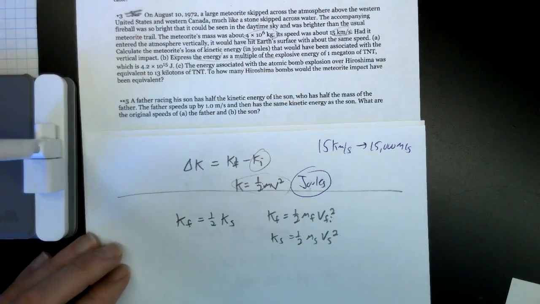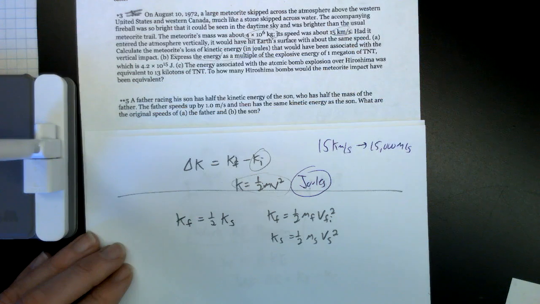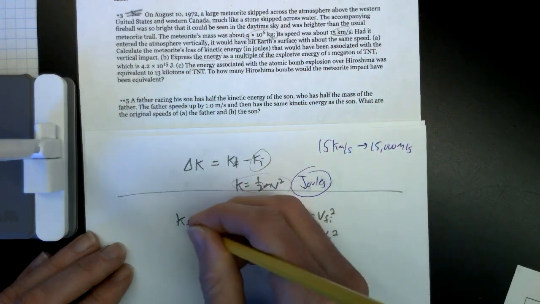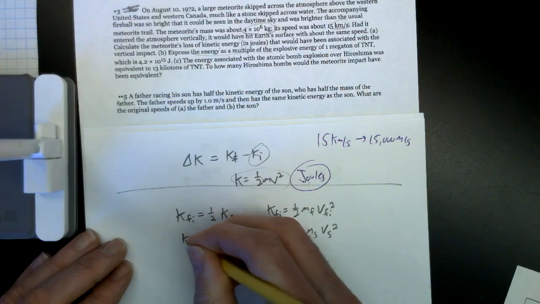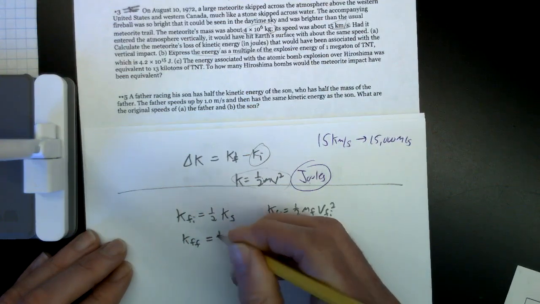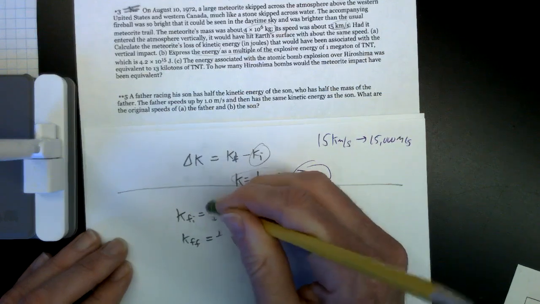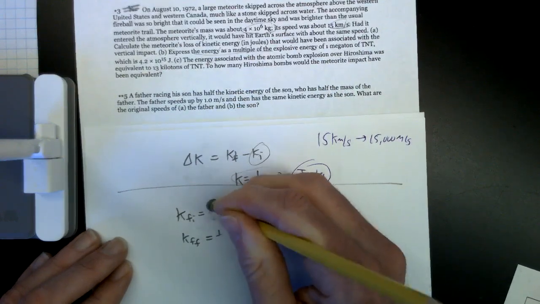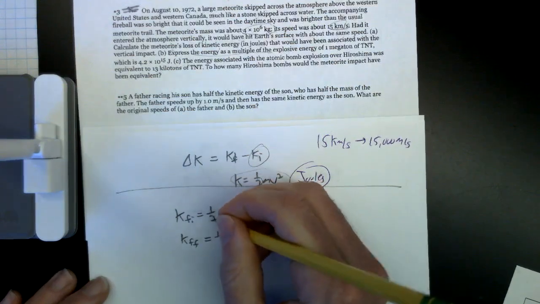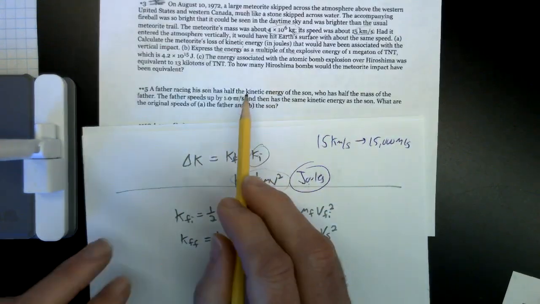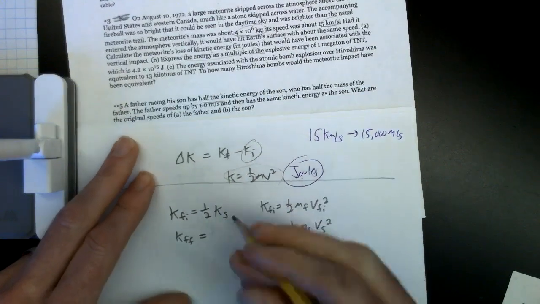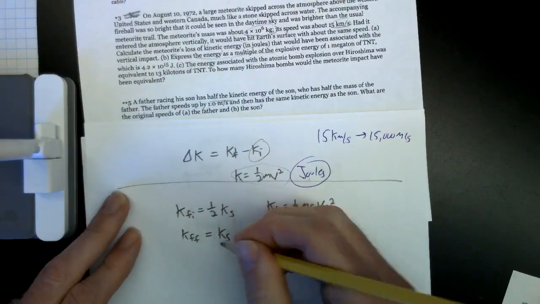The father speeds up by 1 meter per second and has the same kinetic energy as the son. So maybe this should be kinetic energy father initial, and then the kinetic energy of the father final is going to equal, oh, I don't know why I have a 1/2 right here. Sorry about that, everyone. I was thinking 1/2 mv squared. Oh, no, it is a half because it's in the problem. Sorry, yeah, okay, it's half.